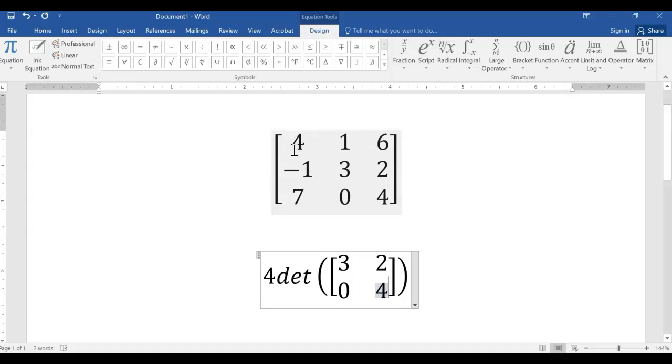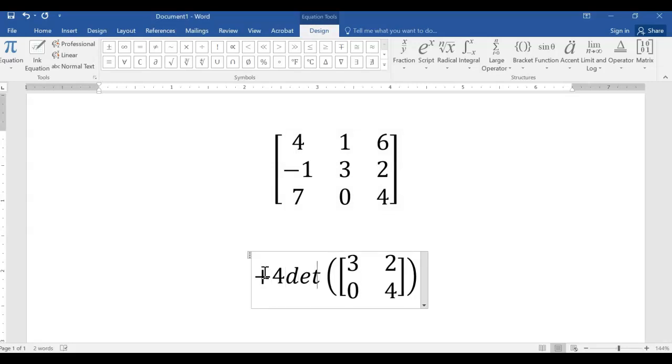Another way to think of it is anytime we start expanding on a row, I'm going to take that element, get rid of the row that it's in, get rid of the column that it's in, and look at the rest of it. So it's going to be 4 times the determinant of this 2 by 2 matrix. The reason 4 is positive is because 4 is the 1, 1 entry. 1 and 1 add to 2, which makes it an even number. So we're going to get a plus 4 right there.